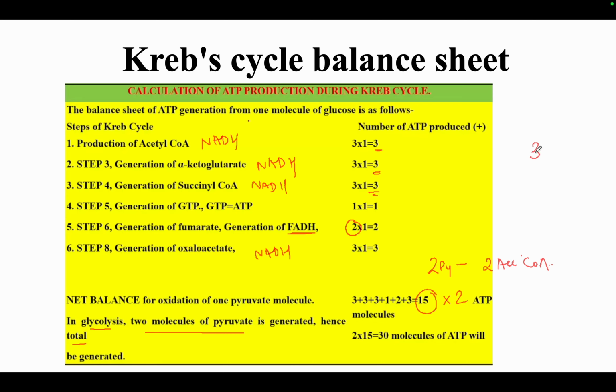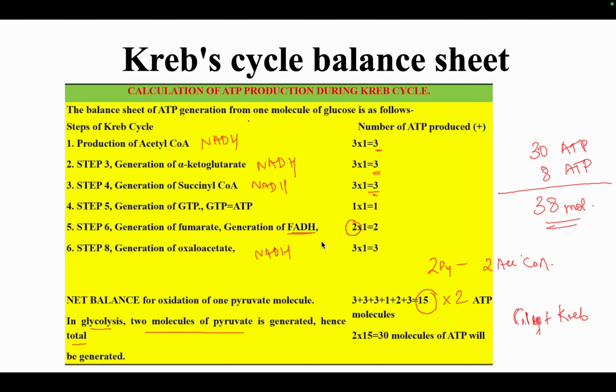And we got 8 molecules of ATP from glycolysis, so a total of 38 molecules of ATP will be obtained from glycolysis plus the Krebs cycle.